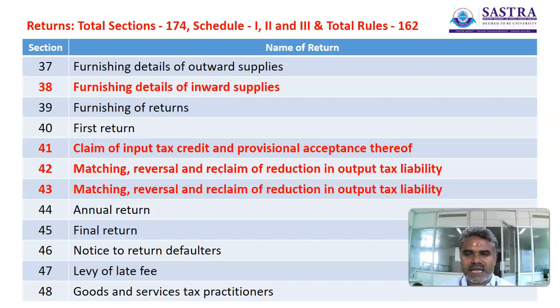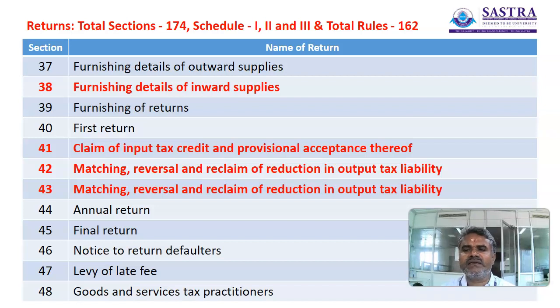This tax is called outward tax. So here we have to inform the government how much we have collected as outward tax from the customers. This is what section 37 deals with.